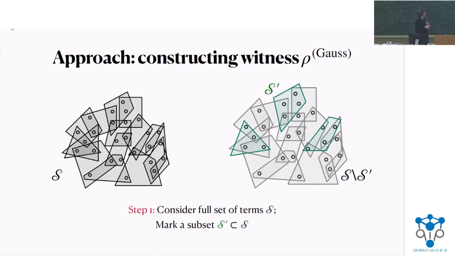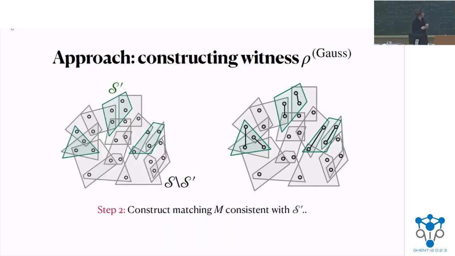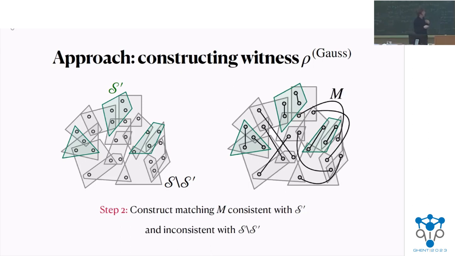Let's highlight some subset of terms in the Hamiltonian. Let's draw a matching such that it is consistent with the subset of terms and inconsistent with the rest. So we make a really bad job at being consistent with the rest, and then we're happy.